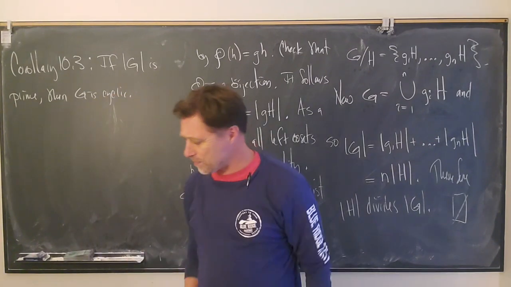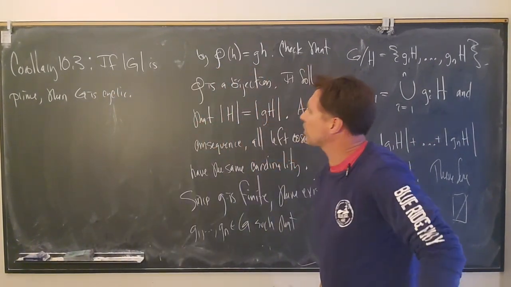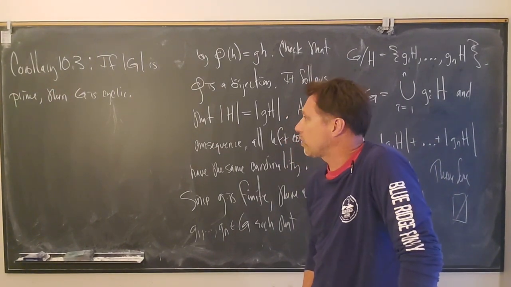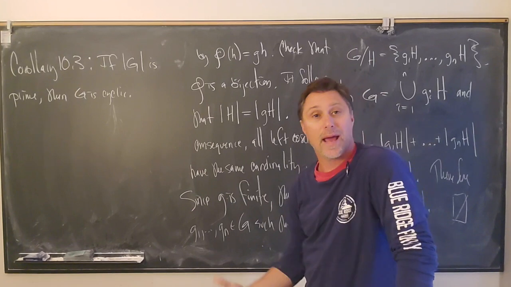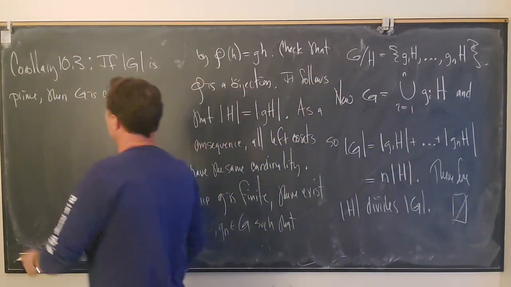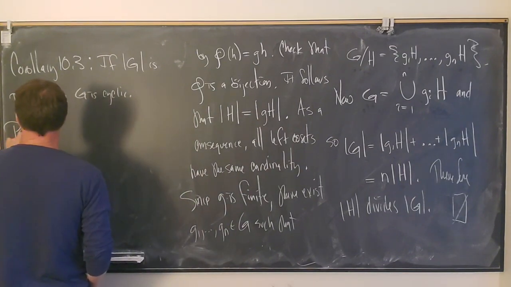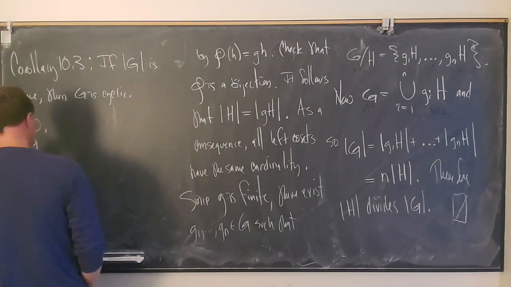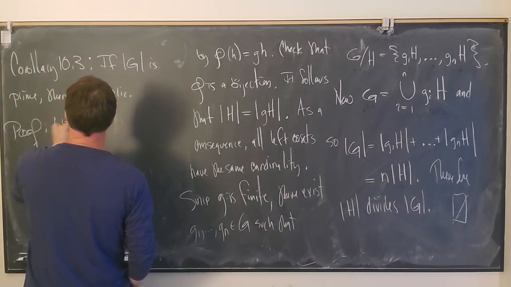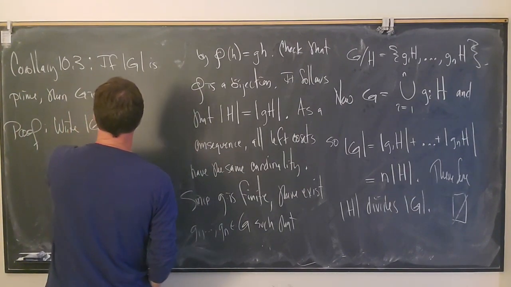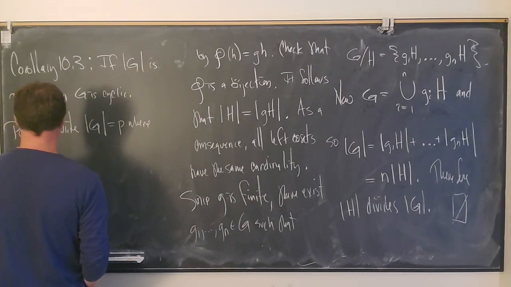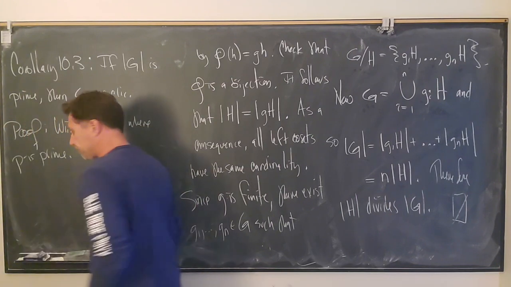That's kind of amazing, just looking at that statement. Take any group, no matter how big, as long as it's a finite group. If it has prime order, then it has to be a cyclic group. That's a pretty strong statement. And so it goes like this. There's something to prove here. So let's write order of G equal to p, where p is prime.